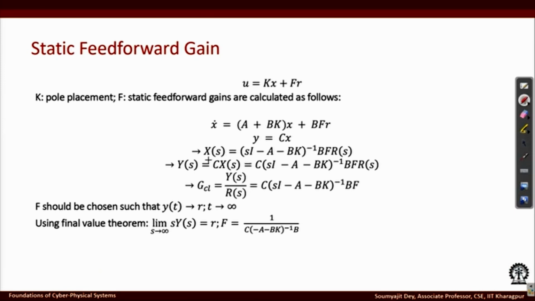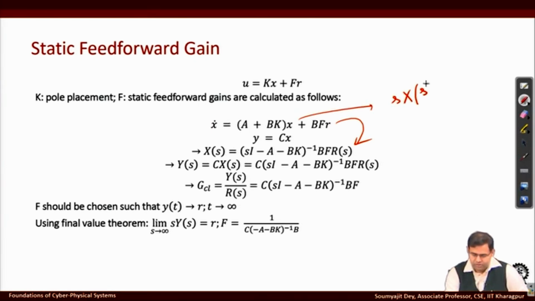So you have X(s). From this it is easy to derive this, because this would give you sX(s) minus (A minus BK) X(s).